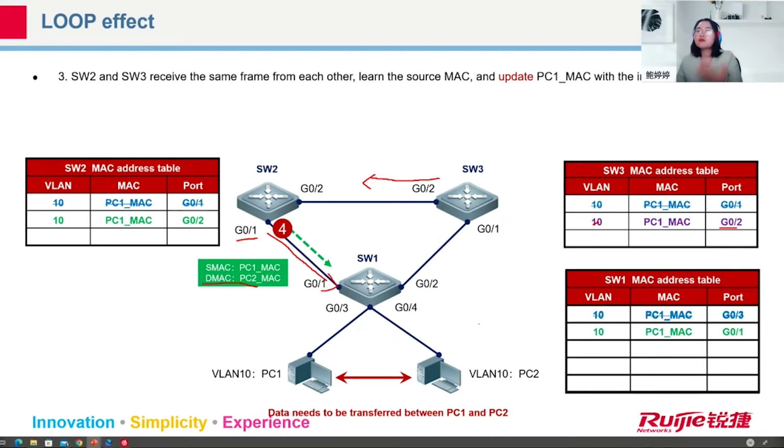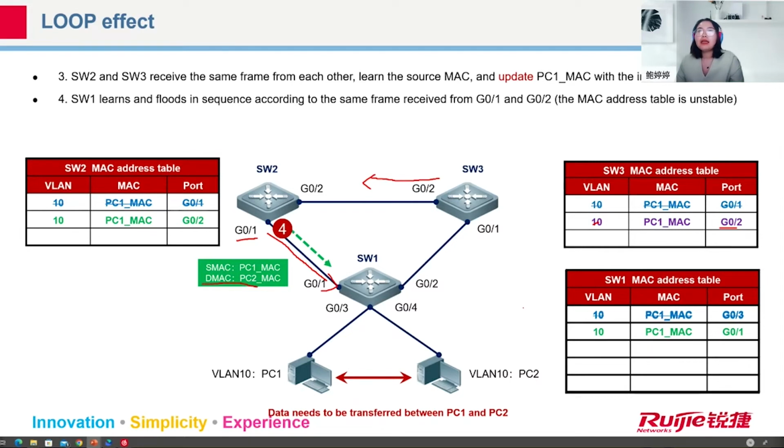And then switch 1 will update the MAC address table. With the same process from switch 3, I will send the message from switch 2 to switch 1 again, and then switch 1 will update again. So when switch 1 receives this message, it also will flood, right?